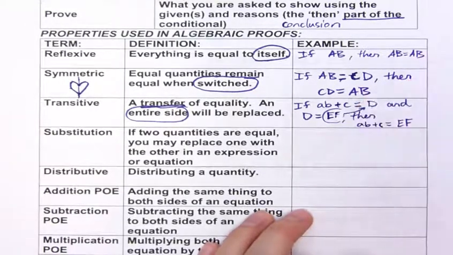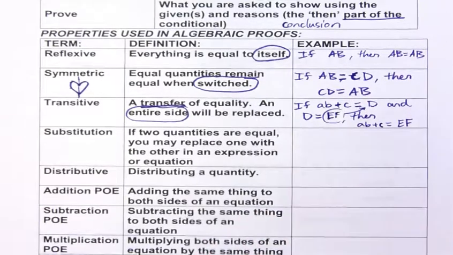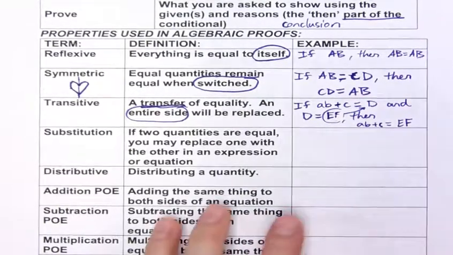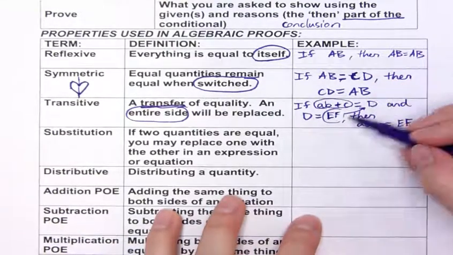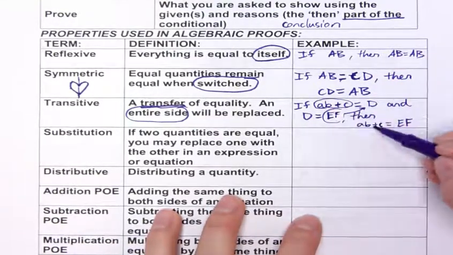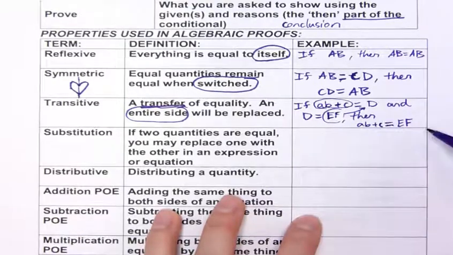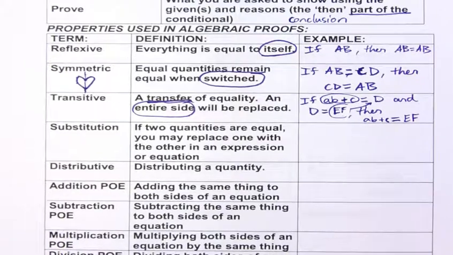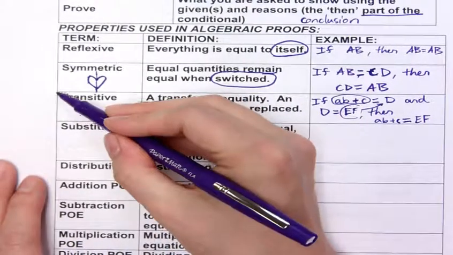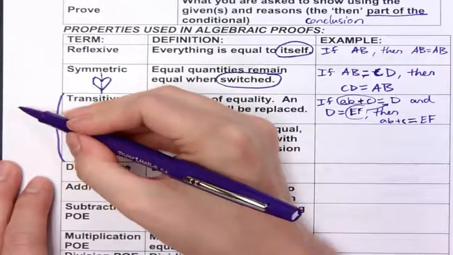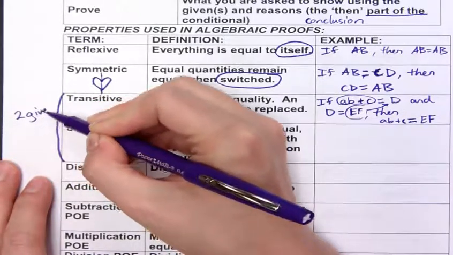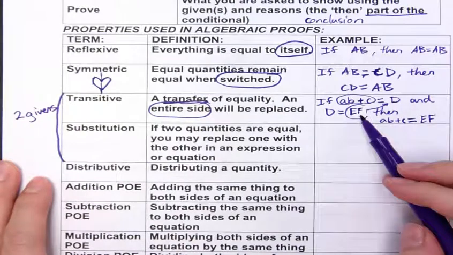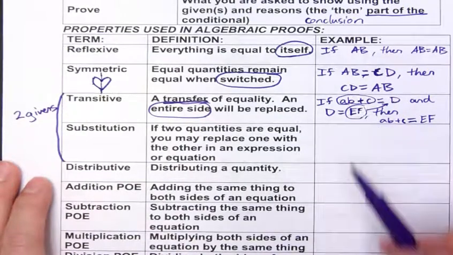Okay, so what happens is when I have transitive, I'm taking one whole side of this statement and one whole side of this statement and transferring them into the same statement, because I can put this into the place of D. Transitive and substitution both work when you have two givens. So I have this, and that's how I can transfer it in.